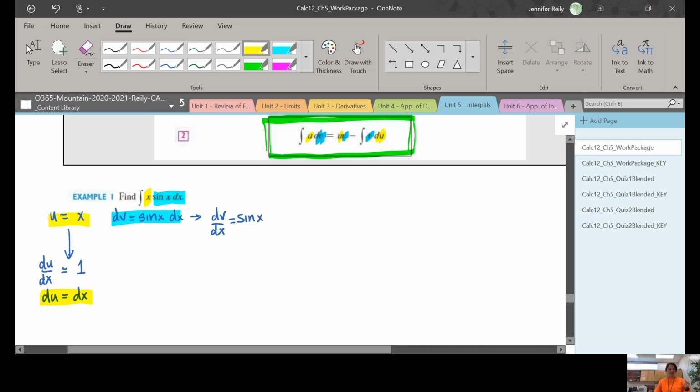So wherever there's a du in the formula, we're going to put dx. Okay, and then in order to find v, we need to find the antiderivative. So if the derivative of v with respect to x is sine x, v would be the antiderivative of that. So that would be negative cos x.